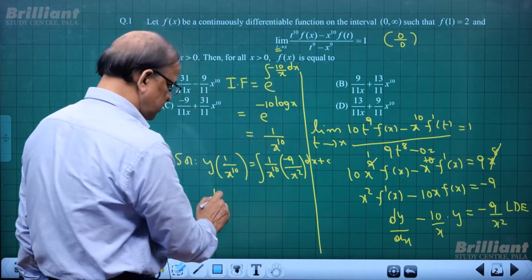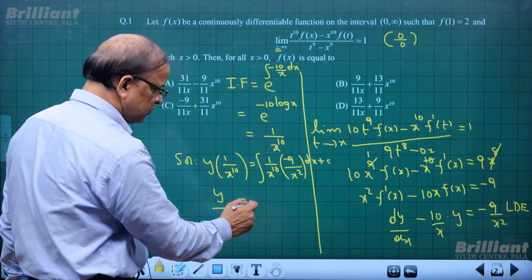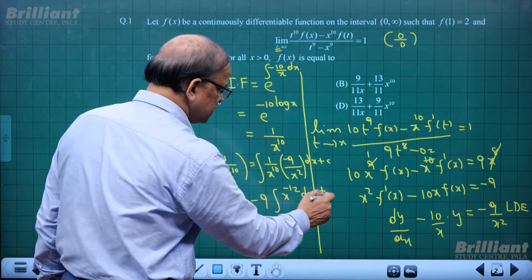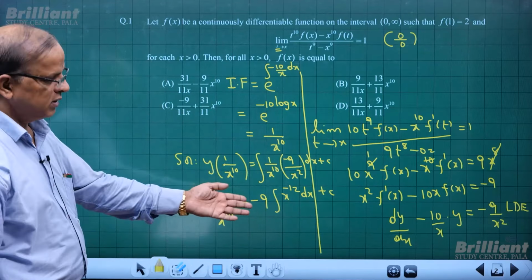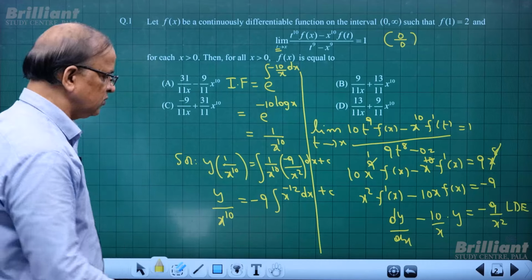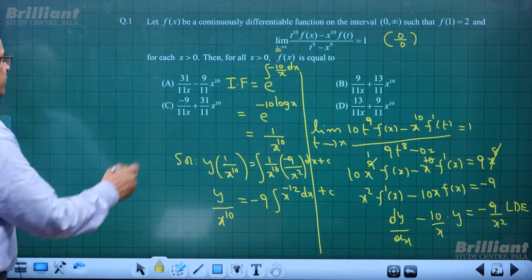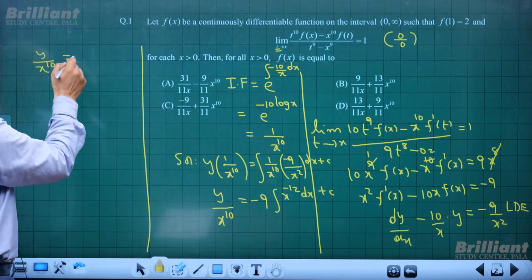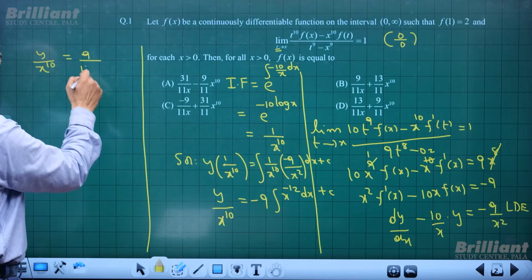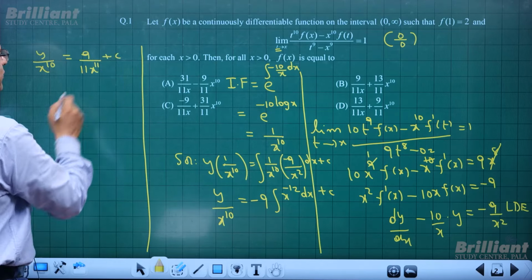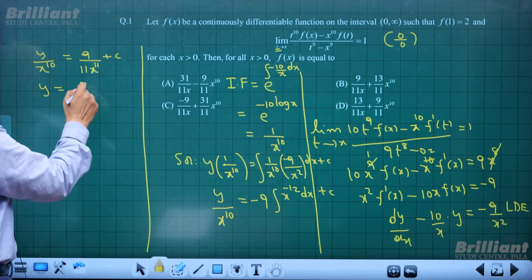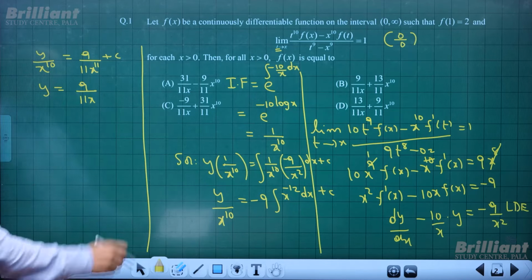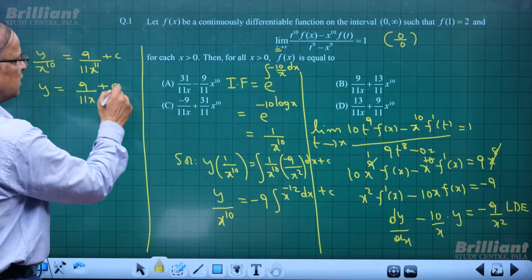So y by x power 10 is equal to minus 9 times the integral of x power minus 12 dx plus c. The integration of x power minus 12 is x power minus 11 by minus 11, so y by x power 10 is equal to 9 by 11 x power 11 plus c. So y is equal to 9 by 11 x plus c x power 10.